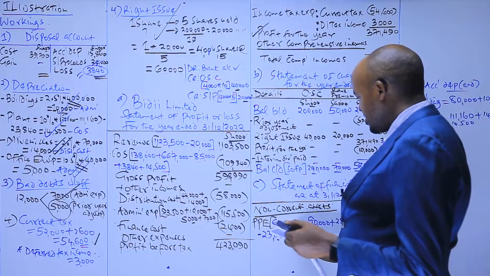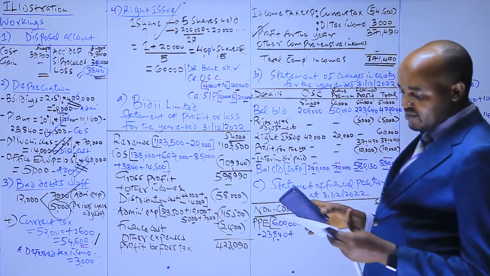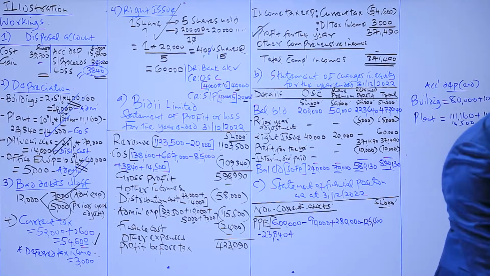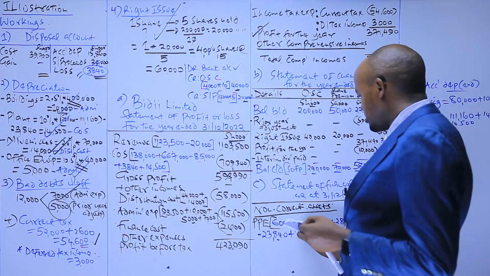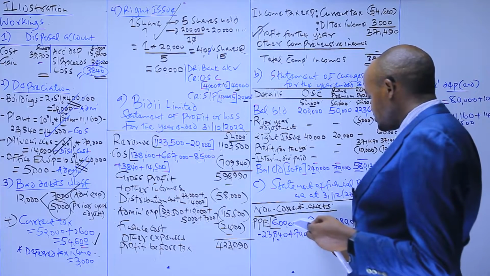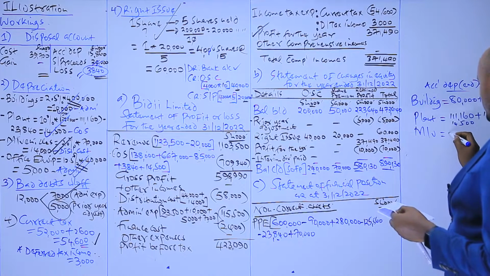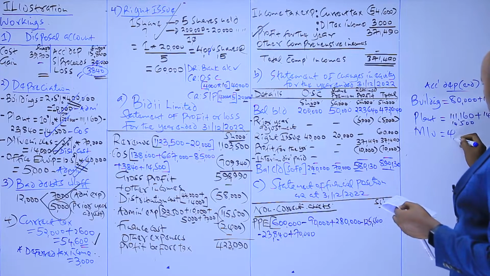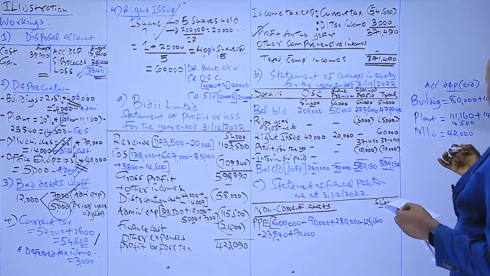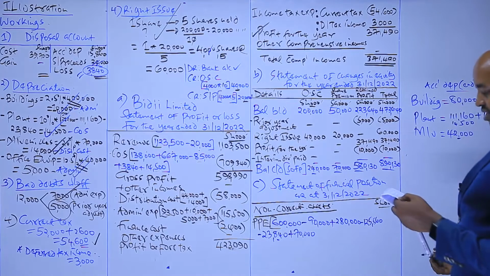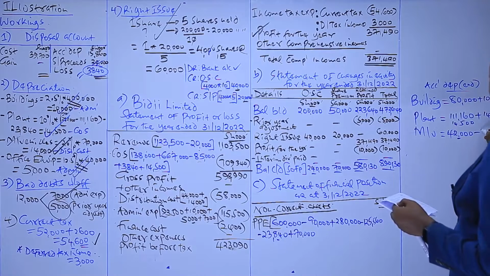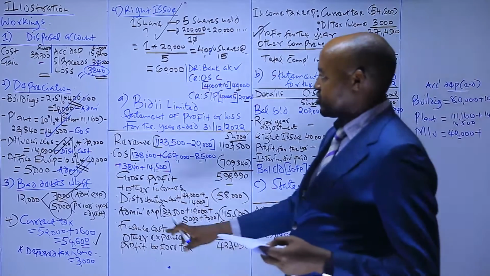So then from there, we add the net book value of motor vehicles. What will be the net book value of the motor vehicles? We take the cost, which is 70, and then we compute the net book value at the end. The accumulated depreciation at the end will be equal to the accumulated depreciation at the start, 42, and then to this we add the depreciation for the current year.